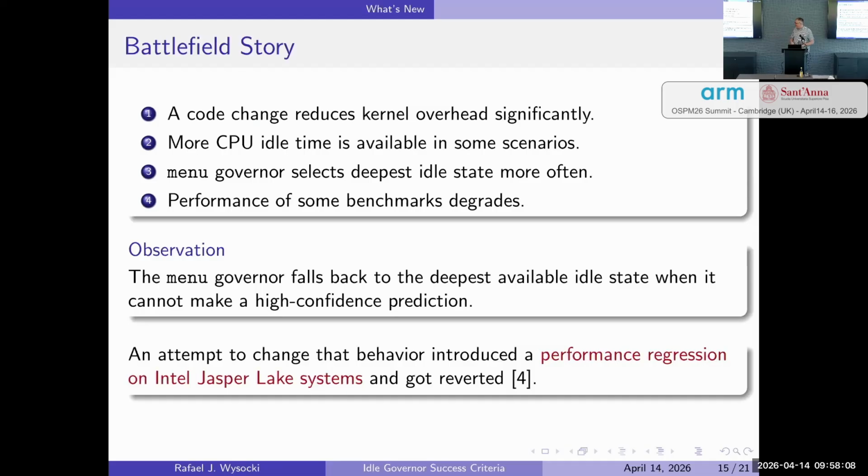This behavior is important here, because the TEO governor doesn't do this, and people actually want this in some cases, as it turns out. So if you switch from one to another, then people see regressions in performance. Surprisingly enough. That's the reason for this talk today, because it's not that simple, as it turns out. I wish it would be that simple.